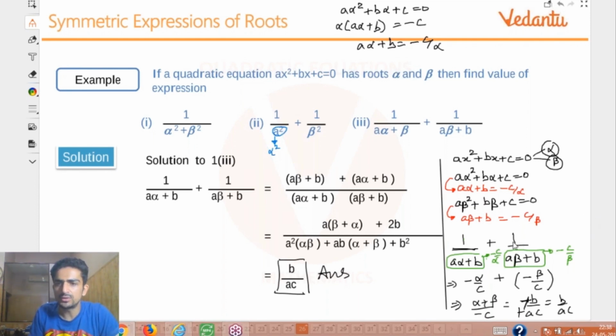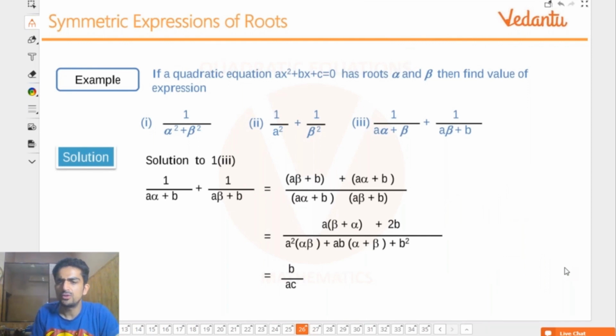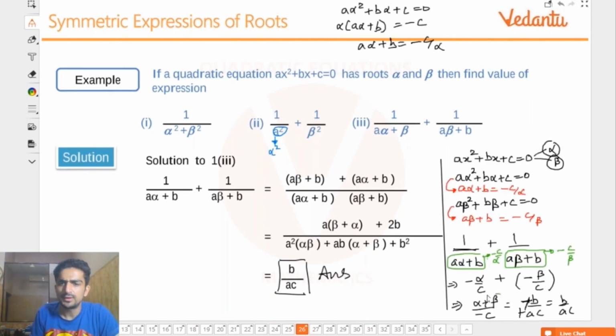Clearly alpha goes in the numerator and this beta also goes in the numerator. So now we just add them. Here I used alpha plus beta is minus b by a and hence I got my answer. That's all. Now let me just give you one very good question on this concept.